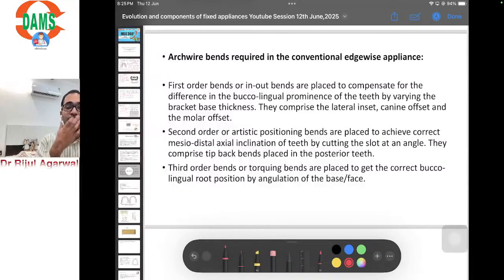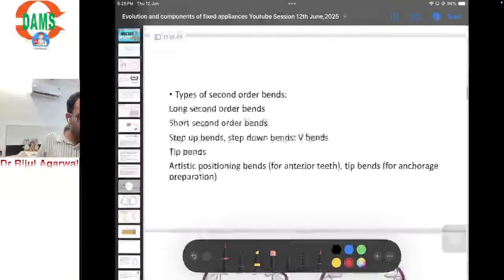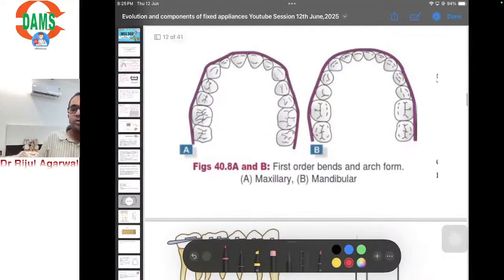First, understand these bends. The first is the first order bend, or the in-out bend. These are placed to compensate for the difference in the buccolingual thickness of the teeth by varying the bracket base thickness. Imagine looking at the upper and lower arches from an occlusal point of view.